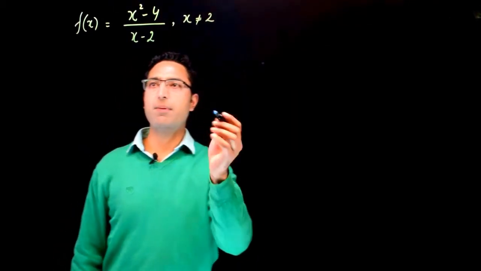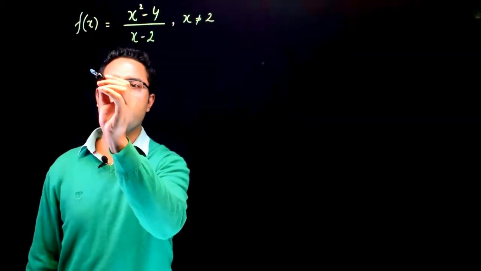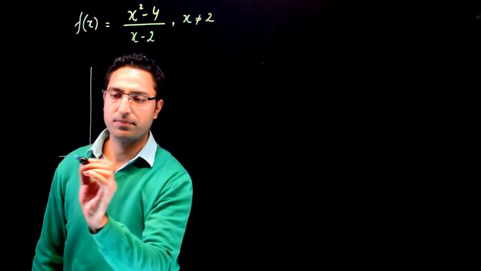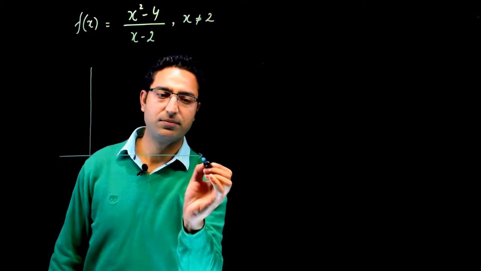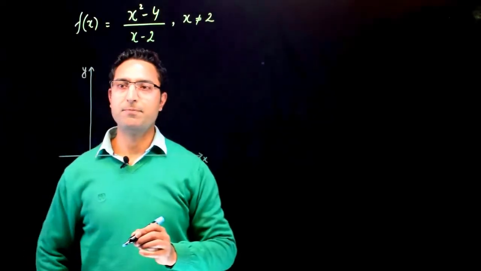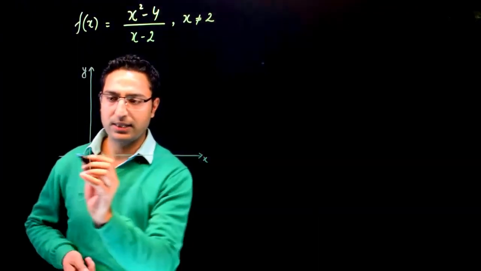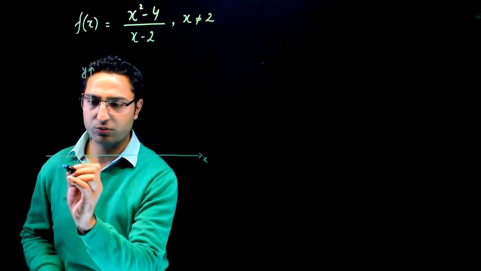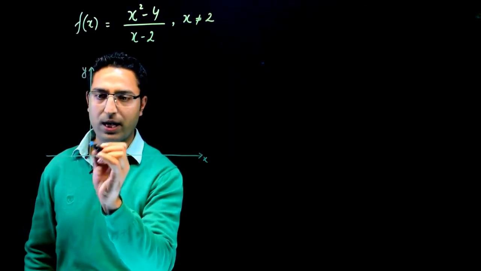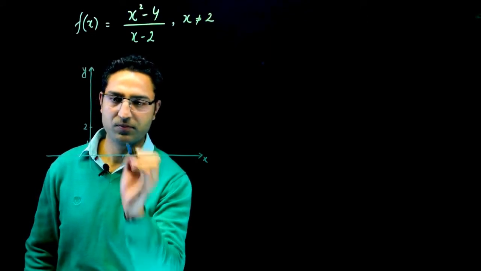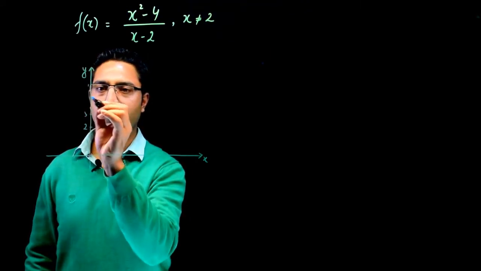If you look at the graph of this function, suppose this is the y-axis, this is the x-axis, and suppose this is -1, this is -2, this is 1 and 2, suppose this is 3, 4.